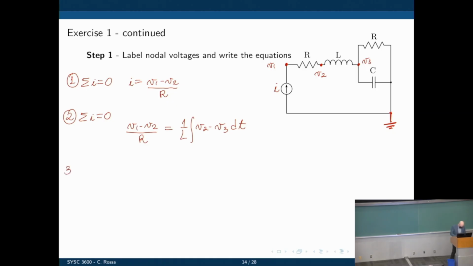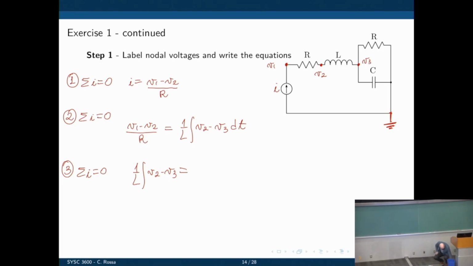And now we can go on to node number 3 and do the same. The sum of all currents equals 0. Now we have a current going into the node from the inductor, and 2 currents coming out: one through the top resistor, and one through the capacitor. The current going in is 1 over L integral of V2 minus V3. This is equal to the sum of all currents going out.